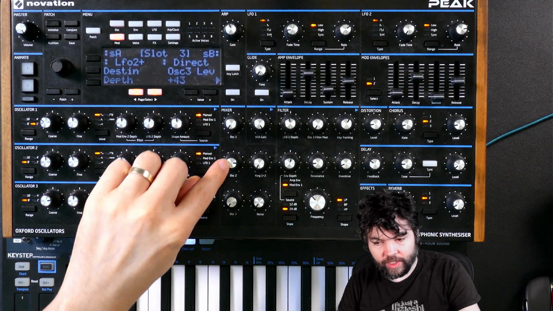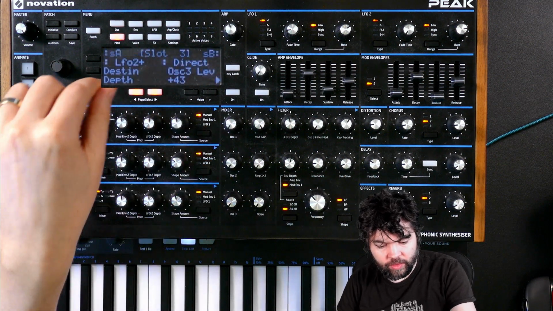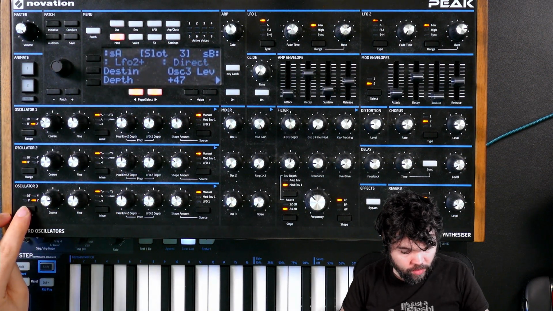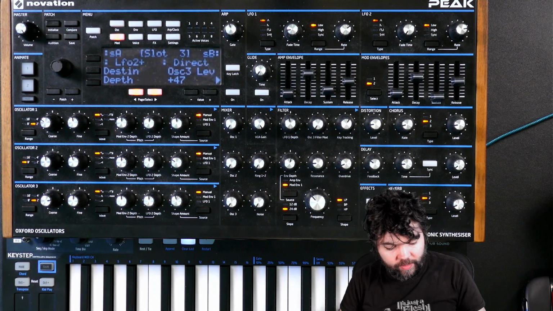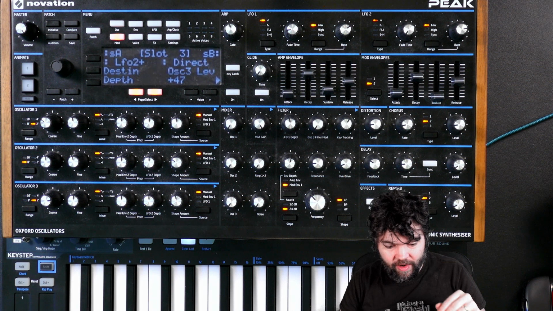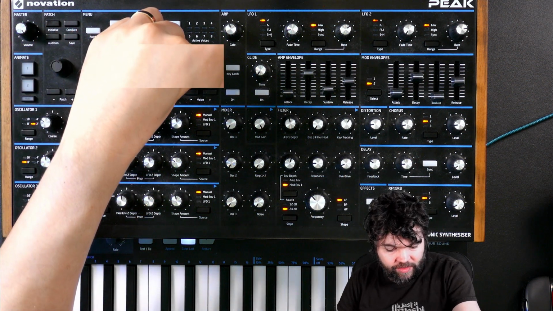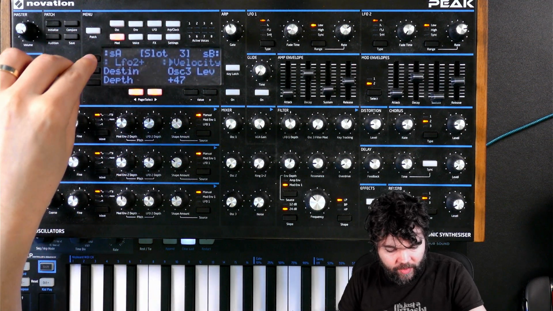To make it obvious, I'm going to turn this down. So I've turned it up in register so I can hear it more clearly, and I'm also going to make this velocity sensitive.